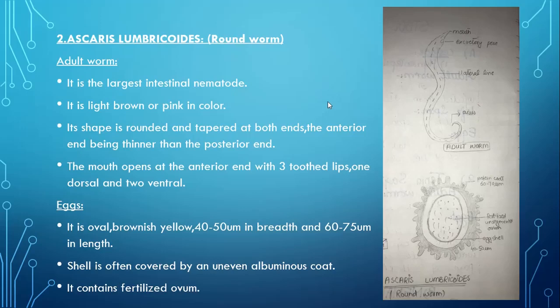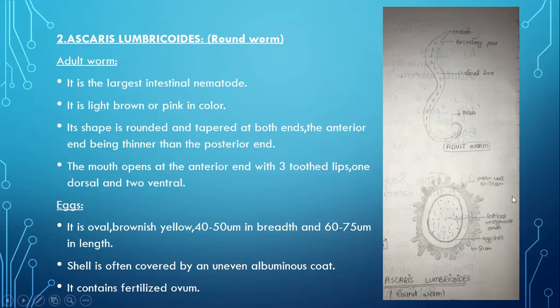This is the anterior end, where the mouth opens, and this is the posterior end, in which we have the anus. The mouth opens at the anterior end with 3 toothed lips, one dorsal and 2 ventral.